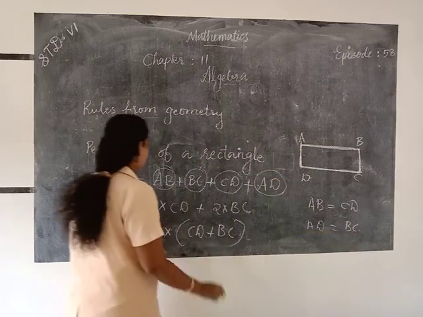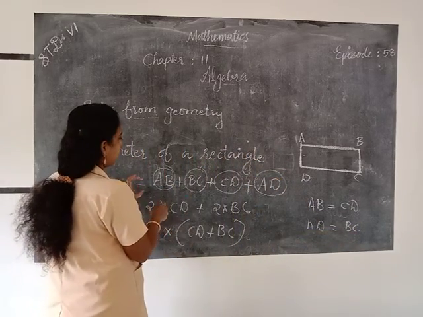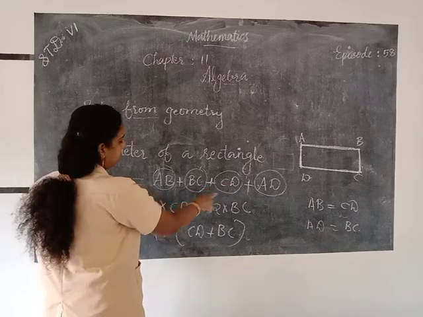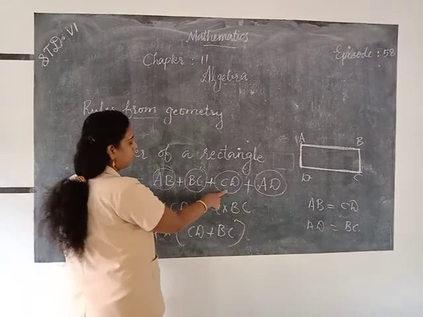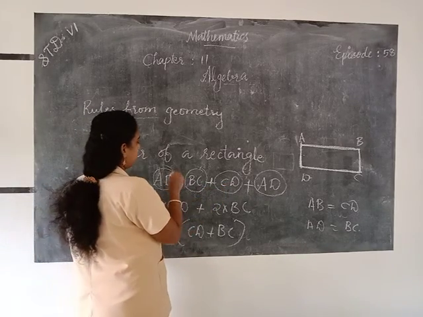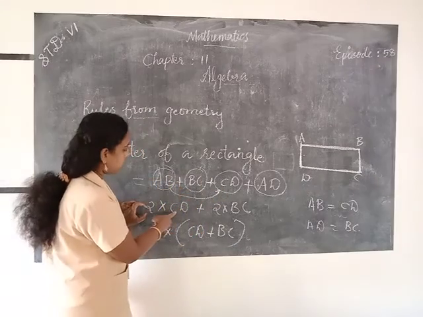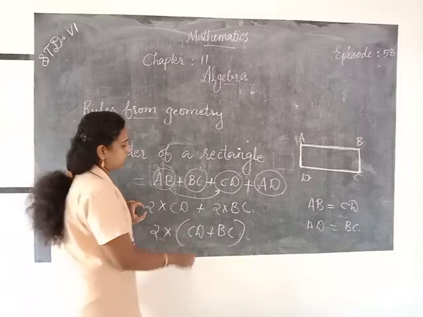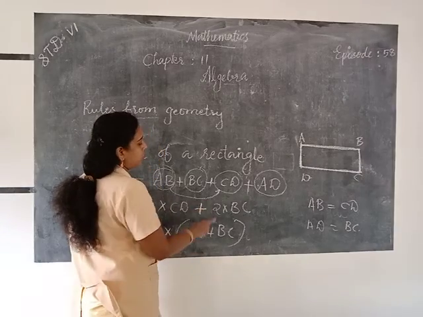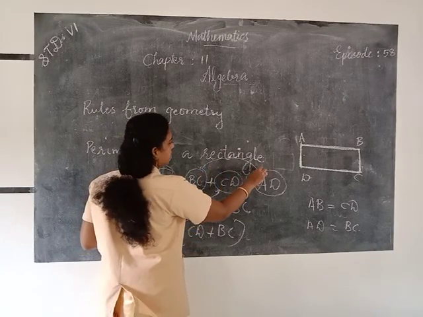So here we just multiply, two sides are equal length, AB and CD are of equal length. So 2 into length of one side, that is AB or CD. So we write 2 into CD, then plus 2 into, then these two sides are of equal length.